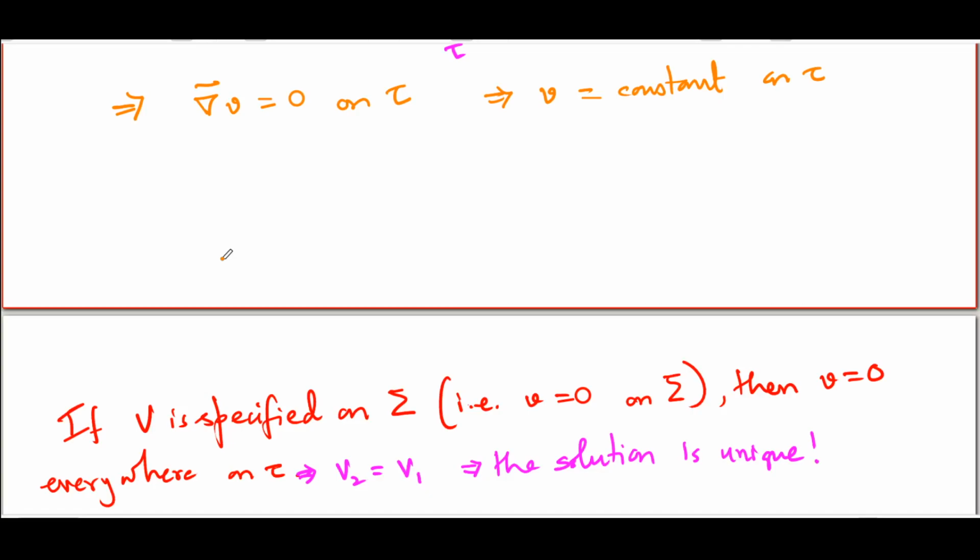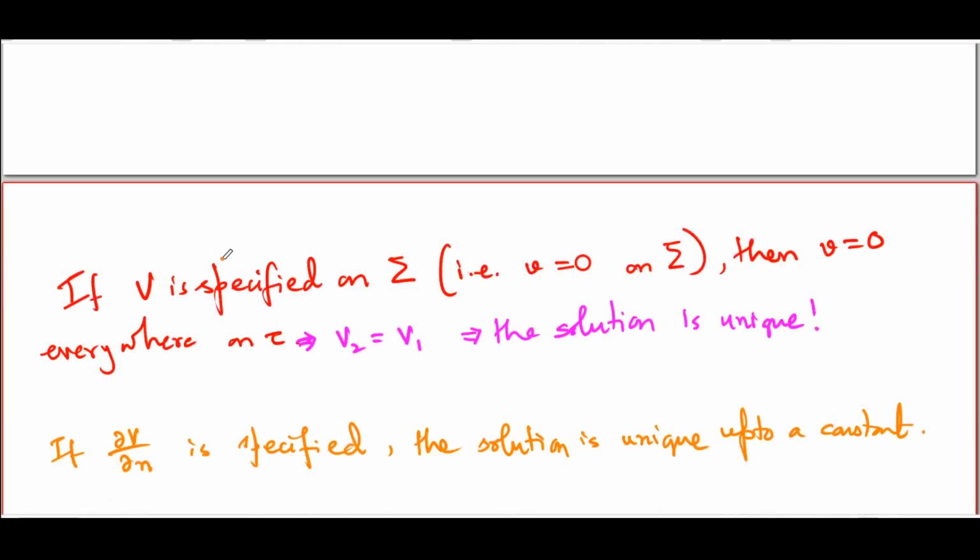The upshot of all this is, if the potential value V is specified on the boundary of a region and the charge density in the region is known, then there is a unique potential inside that region which satisfies both the Poisson equation and the boundary condition. Things are slightly different if del capital V del N is specified on the boundary.